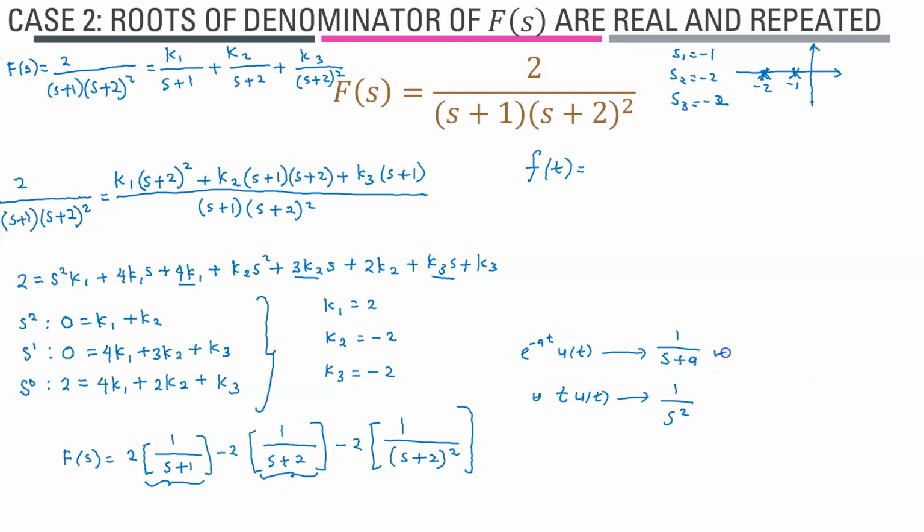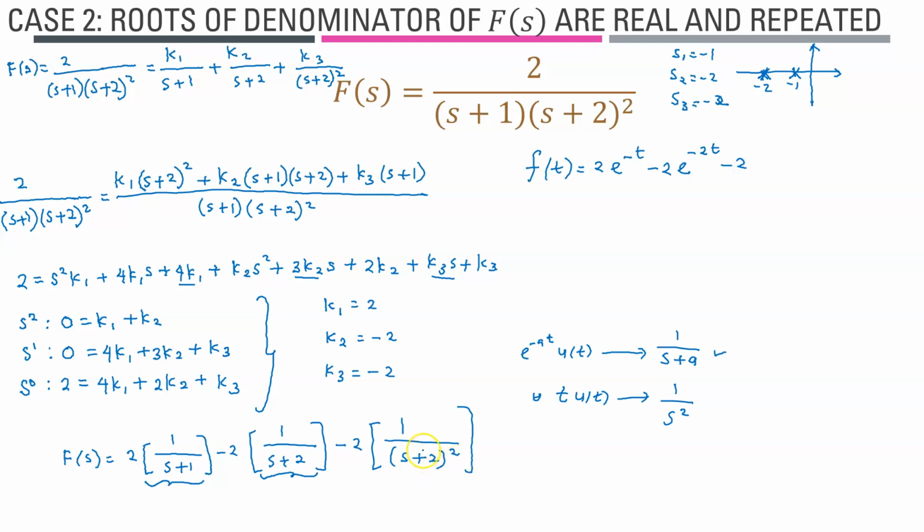You have 2 e, since you have positive here, you will have negative, and a is 1, so 2 e to the minus t. This one, a is 2 and positive, so you will have minus 2 e to the minus 2t.